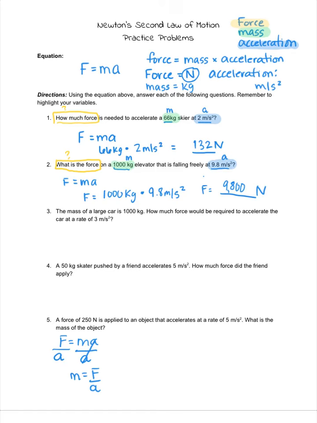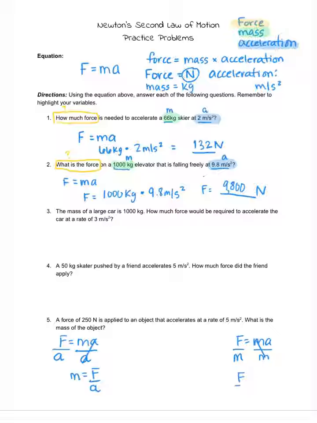Now, for some reason the other worksheet didn't load on this, but that's okay. If it asks you to find the acceleration, we're going to do that same process, except we're actually going to divide M out instead of A. So, M and A are multiplied here. We've got to divide M out so it comes off the right side. And what we do to one side, we do to the other.